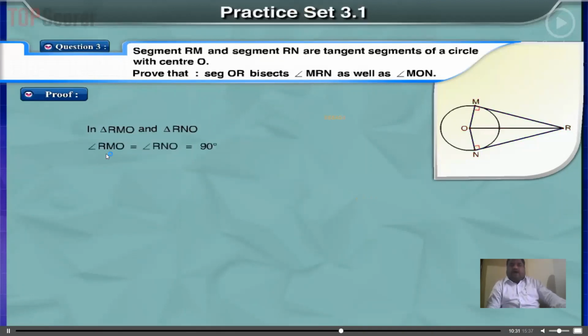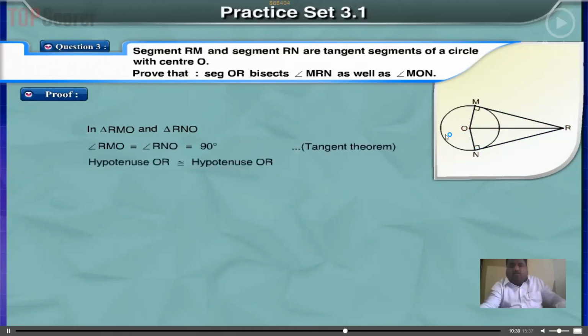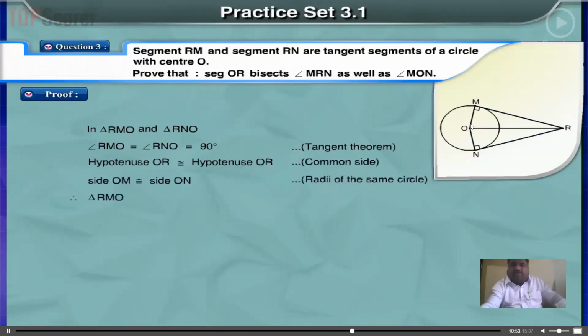In triangle RMO and RNO, angle RMO equal to angle RNO. These two angles are 90 degree by tangent theorem. Hypotenuse OR is congruent to hypotenuse OR. This is a common side. Side OM congruent to side ON, because these are the radii of the same circle.